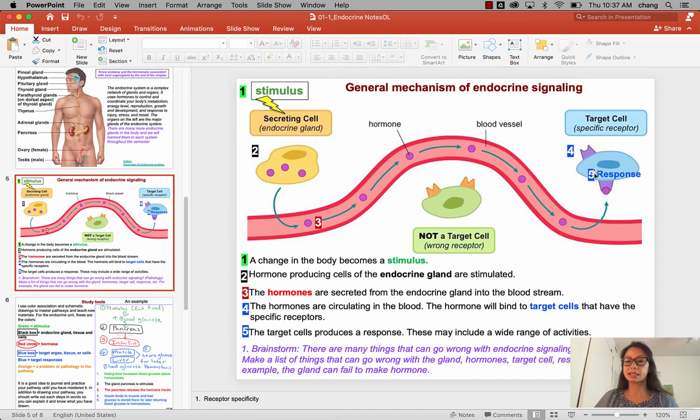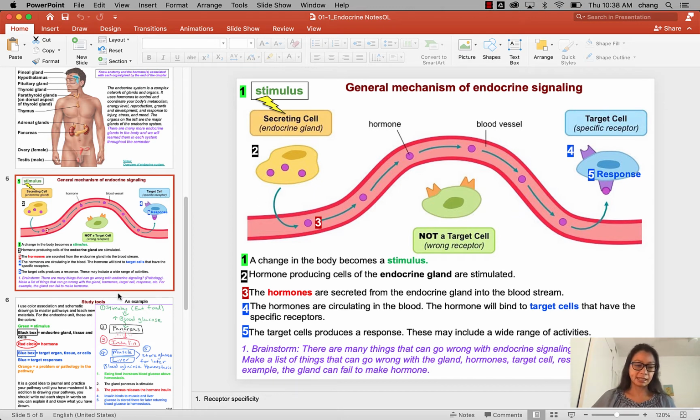This response could be a wide range of activities, and we will learn them as we go through each pathway. The response will do whatever it does and restore homeostasis or create the action needed that was caused by step 1. When all that is done and everything's back to normal, then the endocrine gland is shut off and the hormone is no longer there.